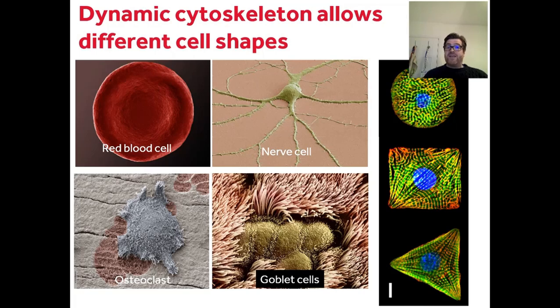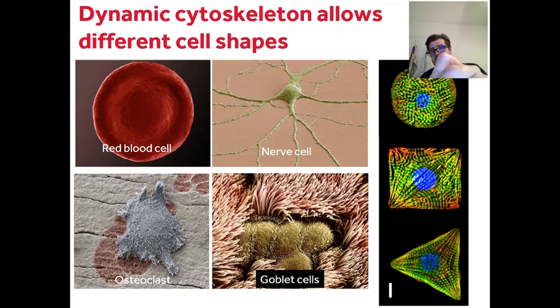So a red blood cell, due to the organization of its actin skeleton, looks very different to a nerve cell. And you've got to remember that the nerve cell can actually reorganize, form new connections to strengthen or weaken certain neural pathways. So hopefully that's quite obvious, but the change in the shape of these cells is largely down to the cytoskeleton organization.